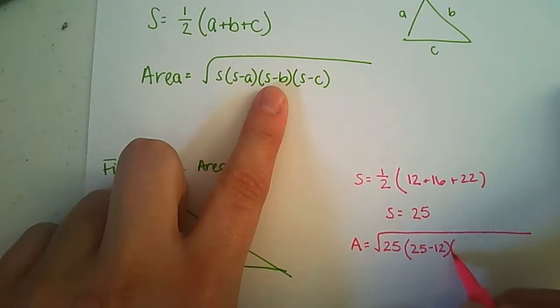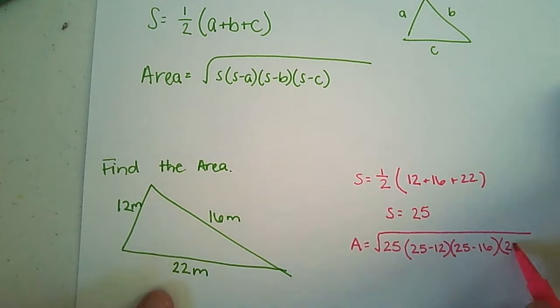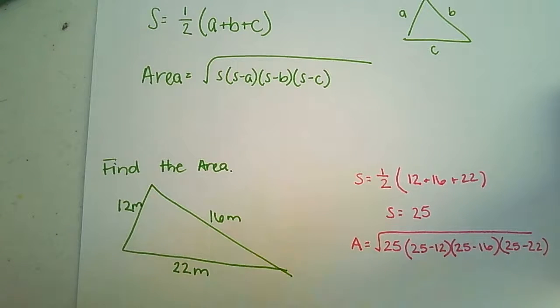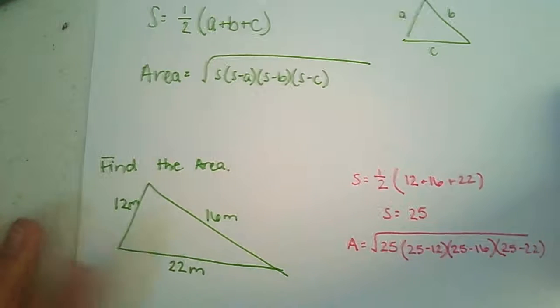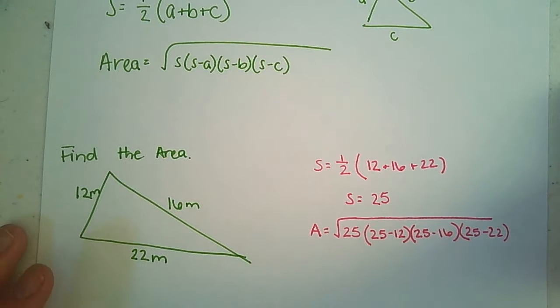And then you times that by an S value minus another side. And then lastly, you times that by your S value minus the last side. I would probably recommend typing this into your calculator with me so that you know you're typing it in right, getting the correct answer.